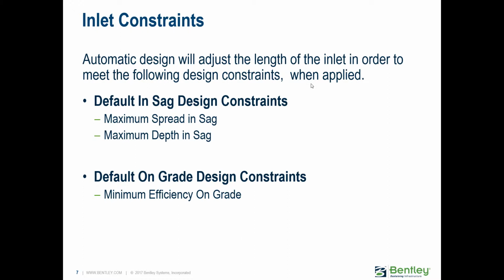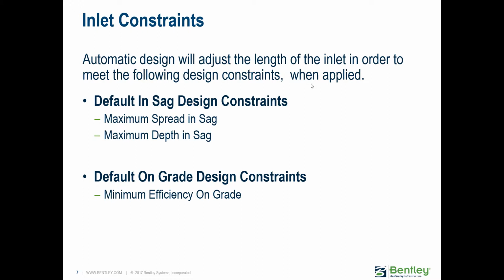All right, so we talked about what you input for pipes and structures. Now let's talk about the inlets. The automatic design can adjust the length of the inlet so that it can meet your constraints. So you basically say, I want a grate inlet, for example.